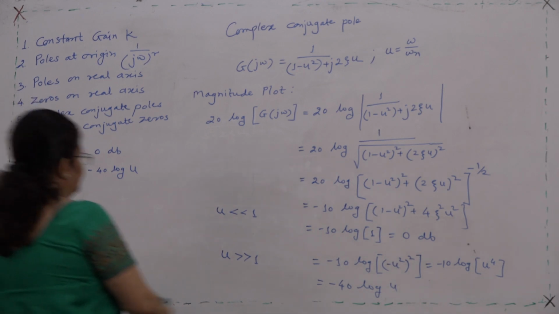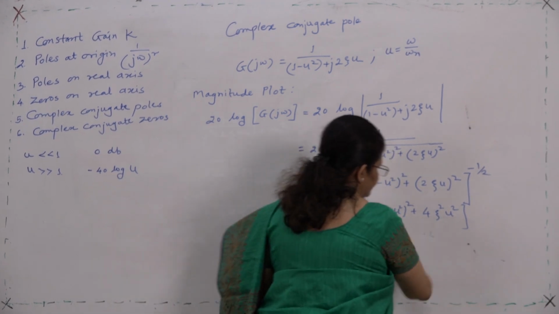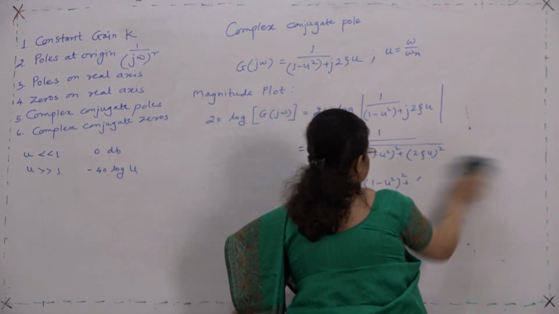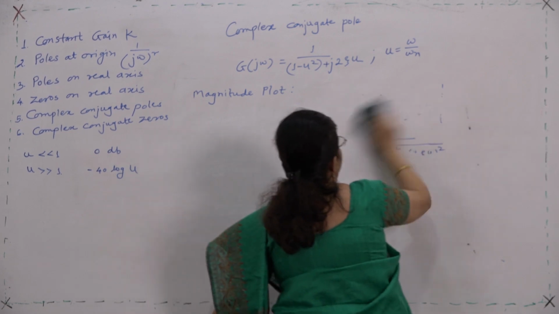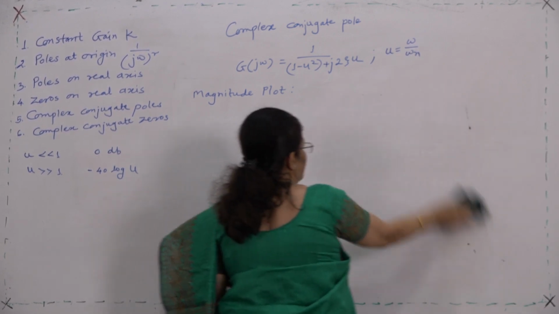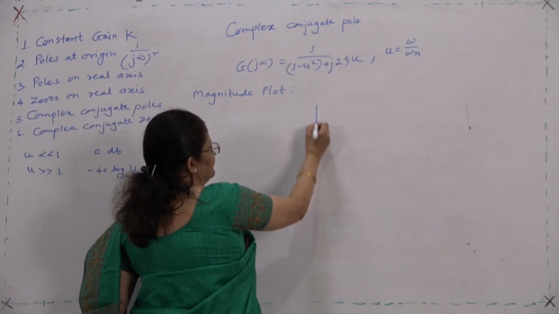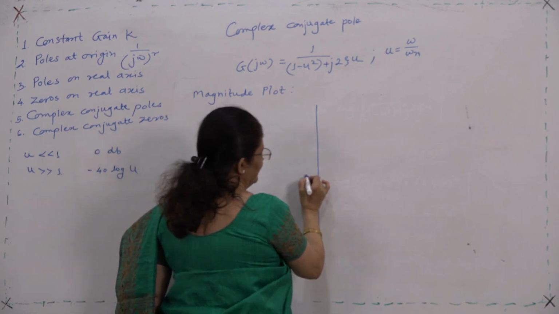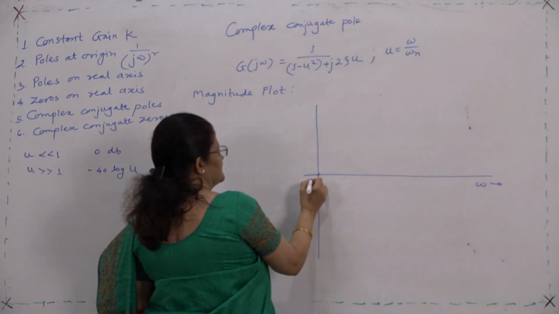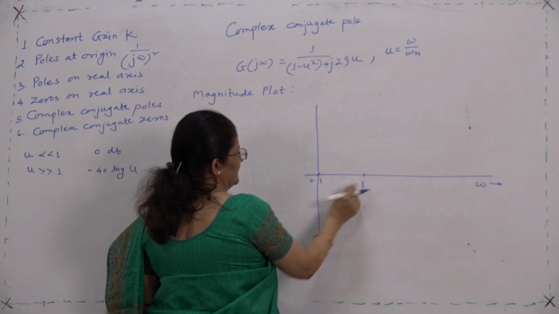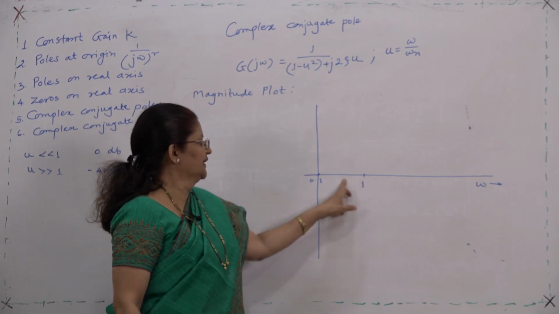Now, we will try to draw it. Okay. So, the x axis is a logarithmic scale. Use semi-log paper. While drawing here, I am using a logarithmic scale. So, just omega. This is the starting point 0.1, next is 1. So, from 0.1 to 1, you will get the frequencies as 0.1, 0.2, so on to 0.9.